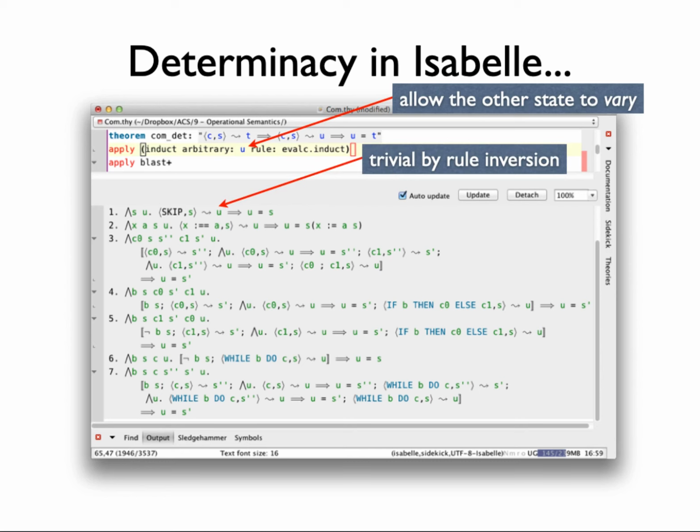And a lot of these will be trivial. So you see the first one is trivial by rule inversion. And so will a lot of the others.